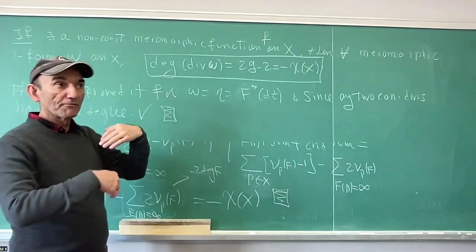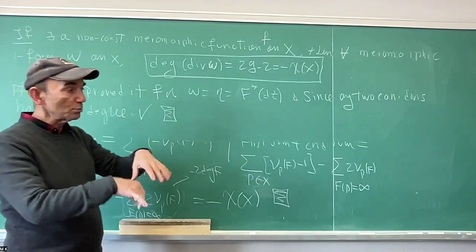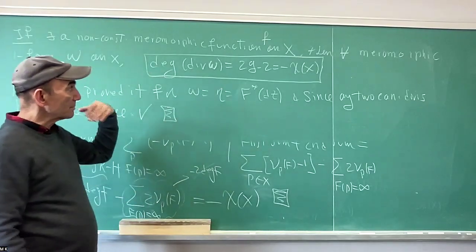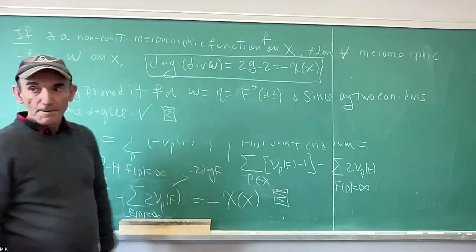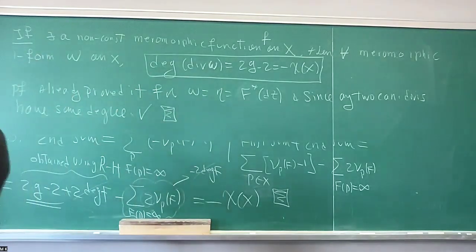It's a pullback of dz on S2 or C hat under this meromorphic function. But there may not be any non-constant meromorphic function. Yes. So this is the issue now.